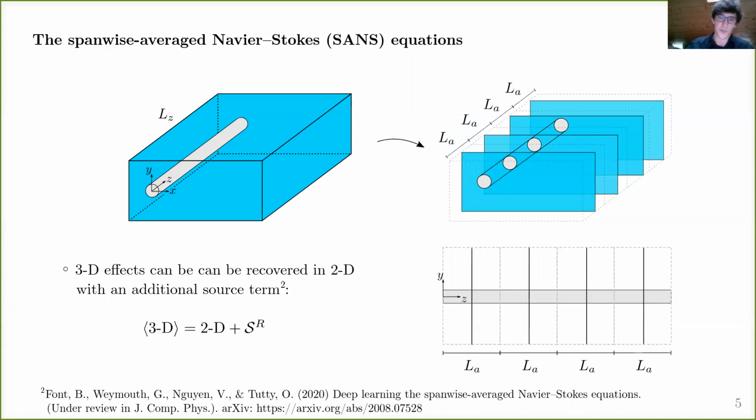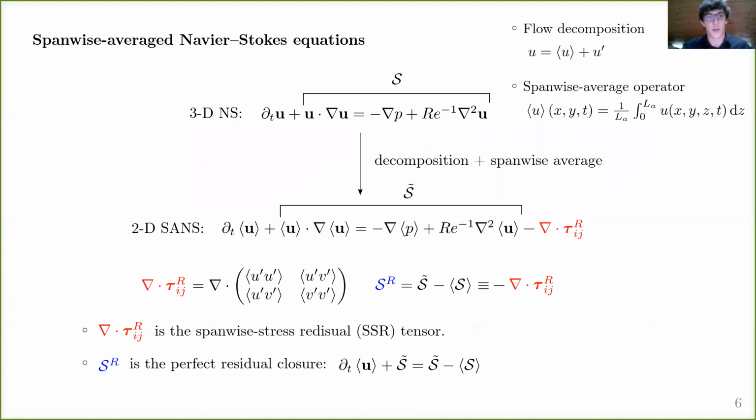So from a mathematical point of view, the spanwise average Navier-Stokes equations are just a flow decomposition based on the local spanwise average of the flow. And this is in addition to your ILES solver, or LES solver, or RANS solver, whatever you have in your original 3D domain. Then on top of that, you do this dimensionality reduction technique using this spanwise average operator.